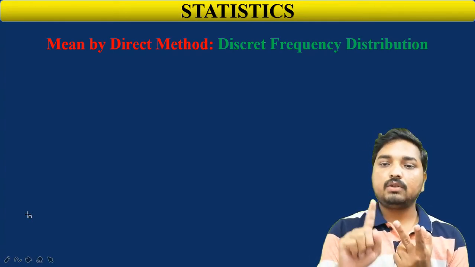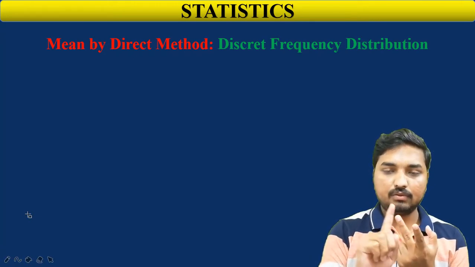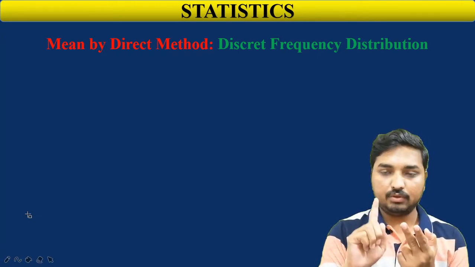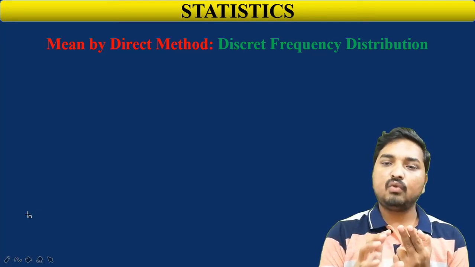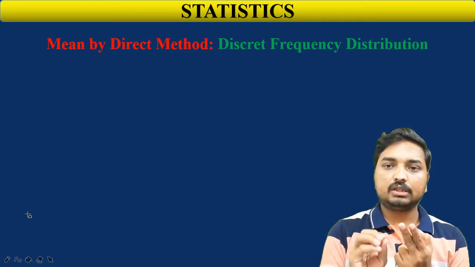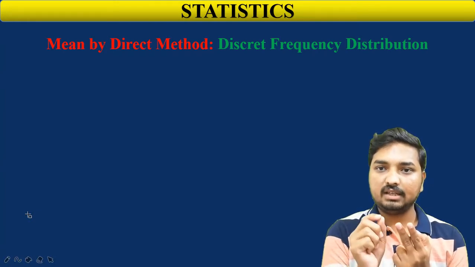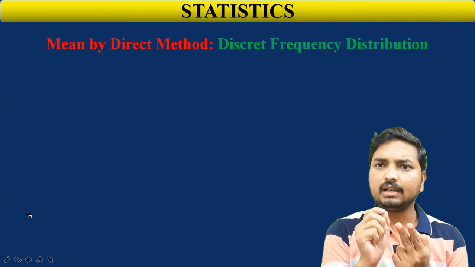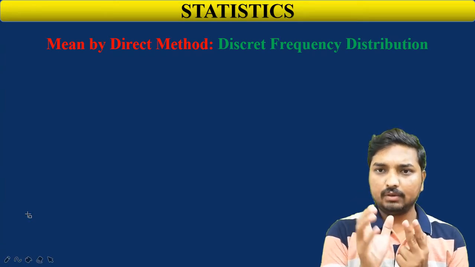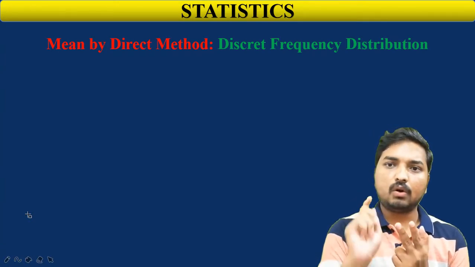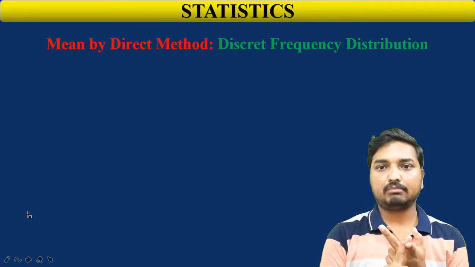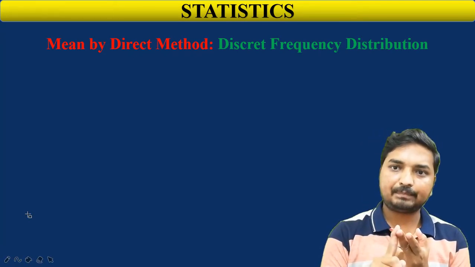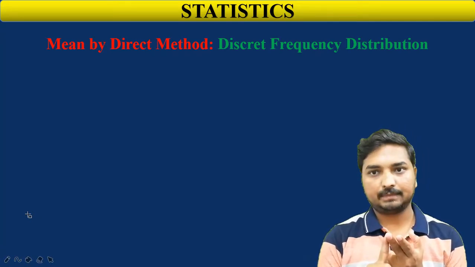If you use the direct method or the assumed mean method, the answer is almost the same. If there is any difference, it should be very small, negligible. So you will always get the same answer by either method.